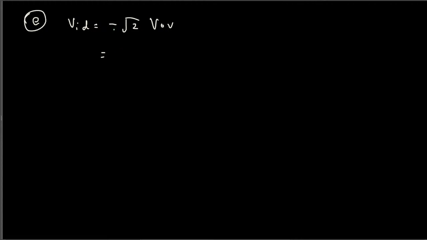And if I substitute VOV that I found in part A of the question, that is 0.2, so I substitute that here. Negative square root of 2 times 0.2, and if you calculate this, you're going to end up getting negative 0.283 volts, and that's our input differential voltage.